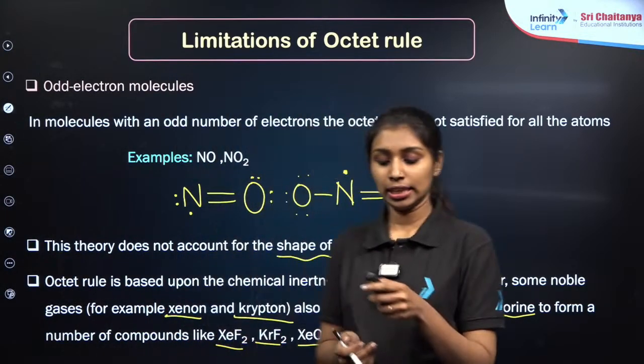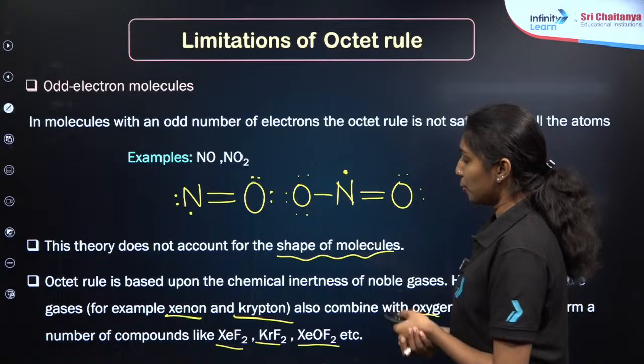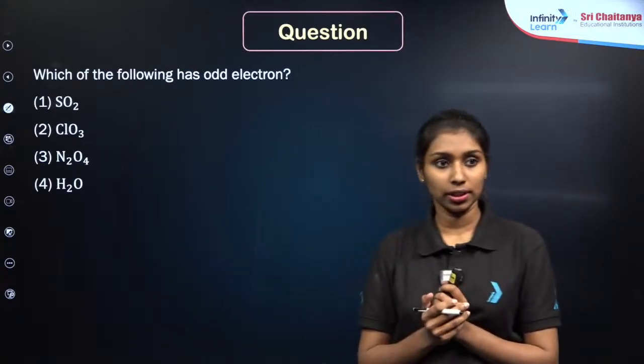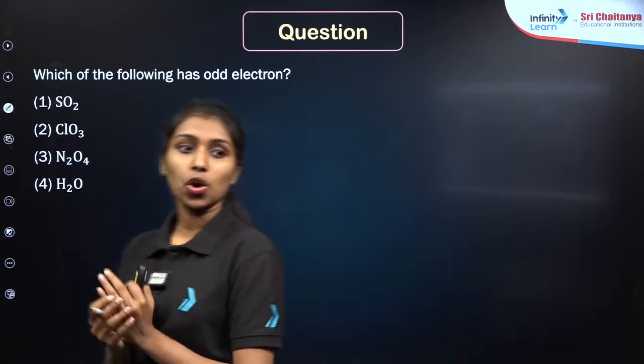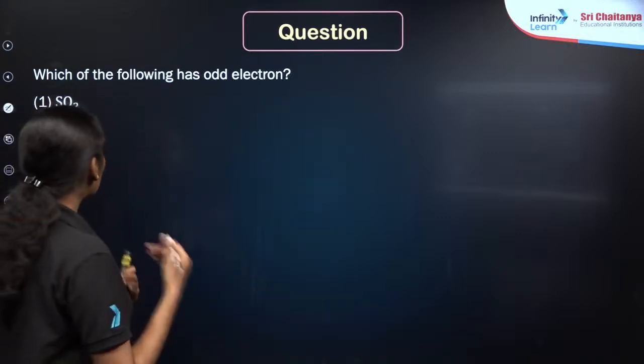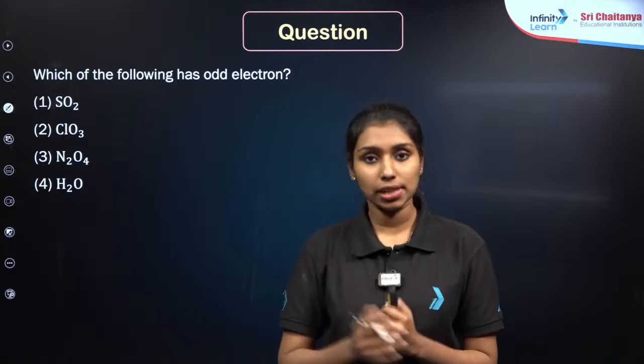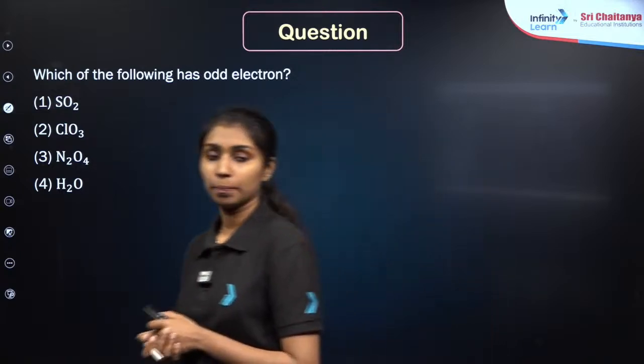Okay. Now here are some practice questions for you. The first question is, which of the following has an odd electron? In order to find the odd electron, first you have to write down the Lewis dot structure of the compound.